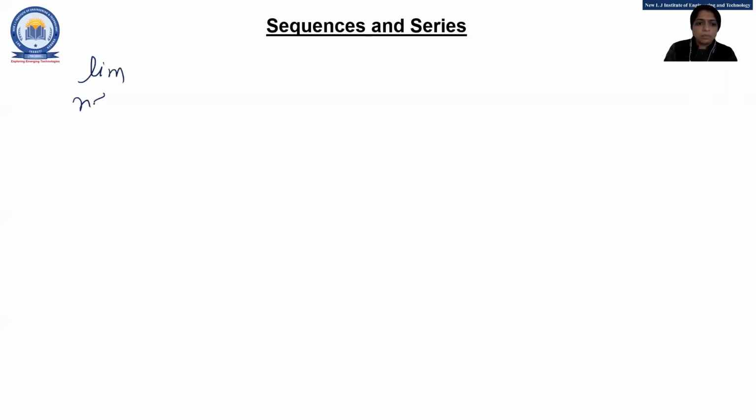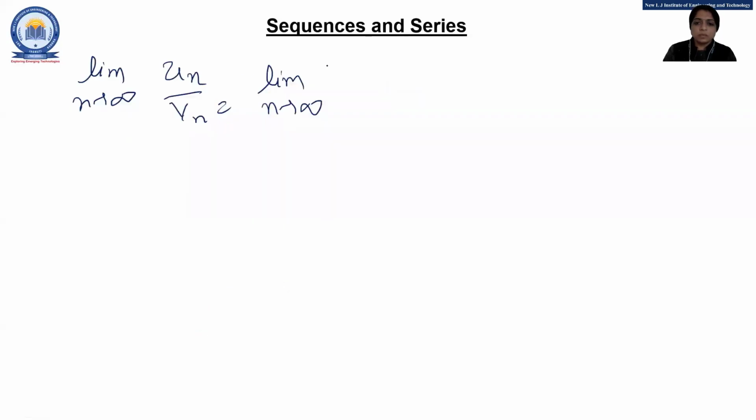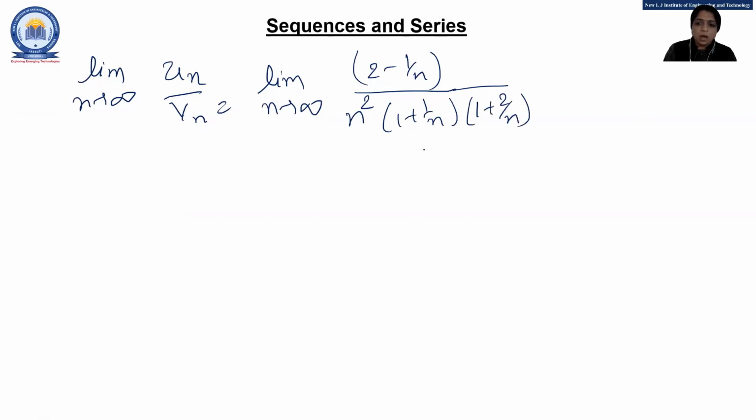Now I am applying the comparison test, that is the limit as n tends to infinity of un upon vn. Your un is (2 minus 1 by n) upon n square times (1 plus 1 by n)(1 plus 2 by n), and upon vn I put the denominator in the numerator, that is n square by 1.